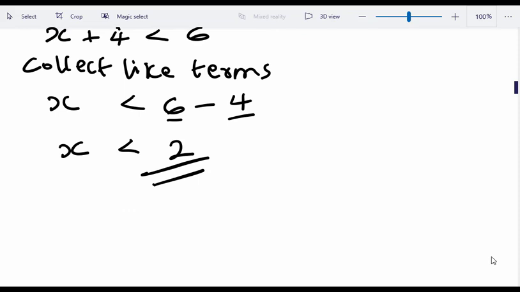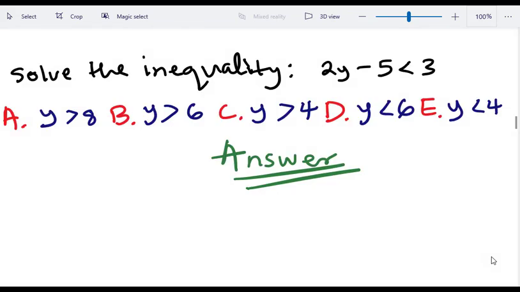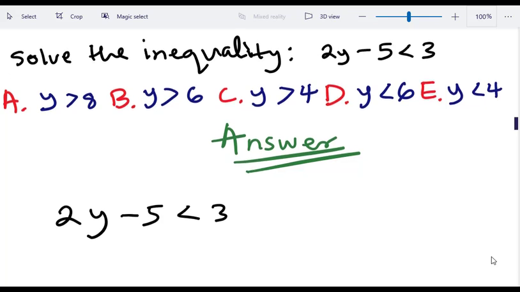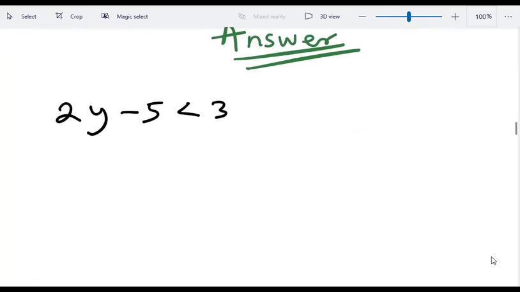So that's the answer. So the question says, solve the inequality 2y minus 5 less than 3. So when we come here, we bring it down, we have 2y, we have minus 5, we have less than 3. As expected, you don't need to waste your time at all. You just write collect like terms the same way you go about linear equations.